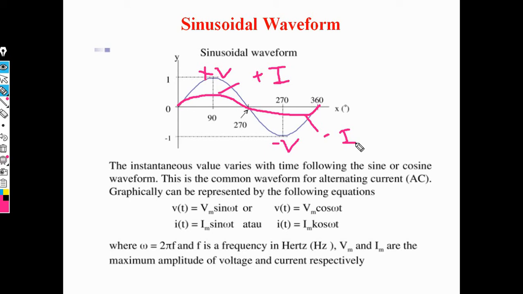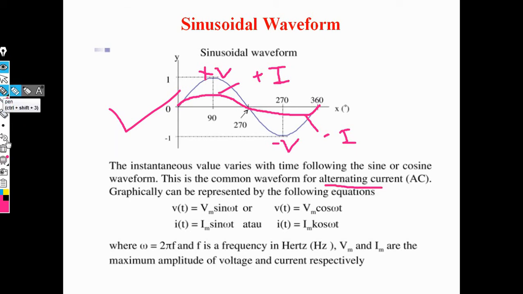Then the instantaneous value, that means the initial value of the voltage and current, varies with respect to time, and the instantaneous value of any parameter depends on a sine or cosine waveform. This common waveform is called alternating current or alternating voltage.